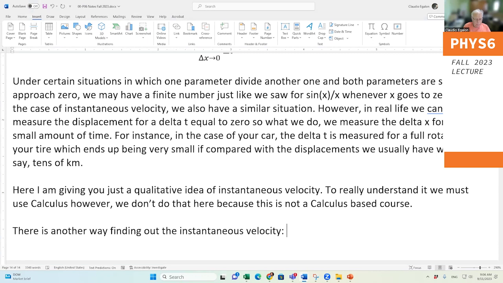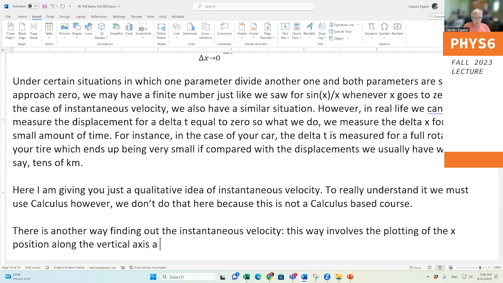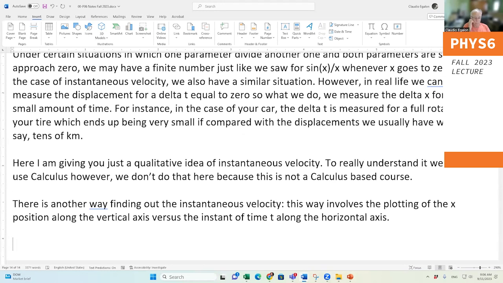This way involves the plotting of the x position along the vertical axis versus the instant of time t along the horizontal axis. Okay, so let's take a look here. I'm going to show that to you.